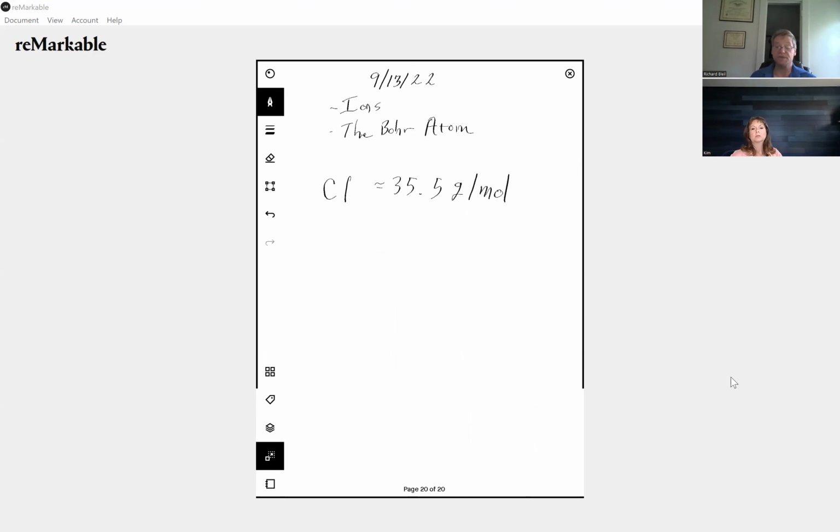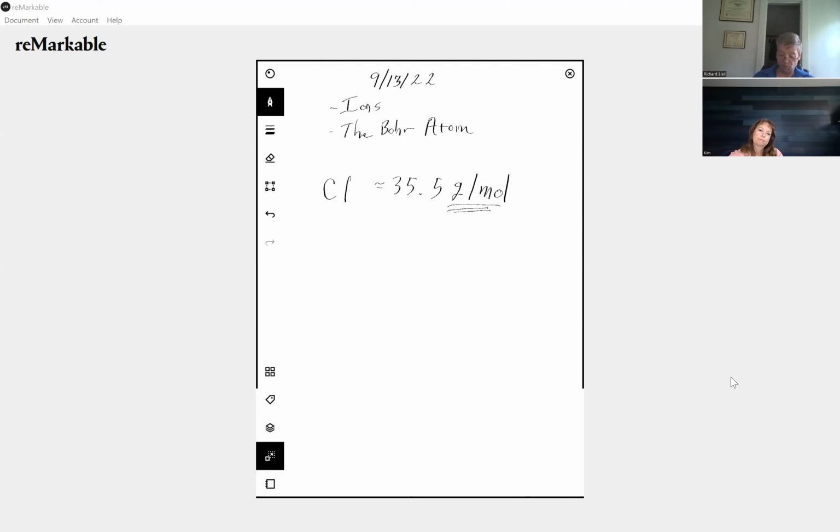By the way, those numbers, periodic chart, periodic weights, always add the units gram per mole. If you want to use them in the factor label method, you must have units, and the units for those atomic masses are gram per mole. But how do you get 35.5 grams per mole? Because there's no such thing as half a neutron. So how do you do that?